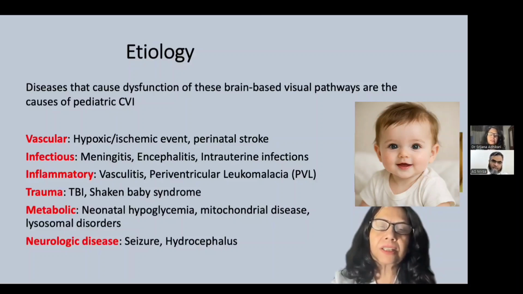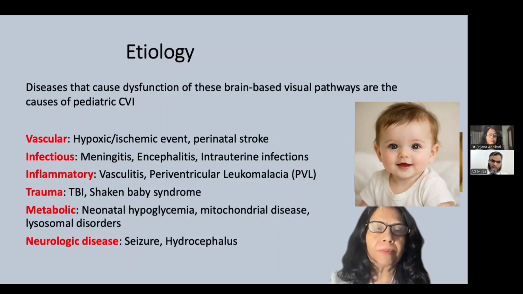And infections like meningitis, encephalitis, or intrauterine infections; inflammatory like vasculitis, periventricular leukomalacia, which is a very important cause; trauma like traumatic brain injury or shaken baby syndrome; metabolic like neonatal hypoglycemia, mitochondrial diseases, lysosomal disorders; and neurological diseases like seizures and hydrocephalus. These are the etiologies that cause damage to the visual system.